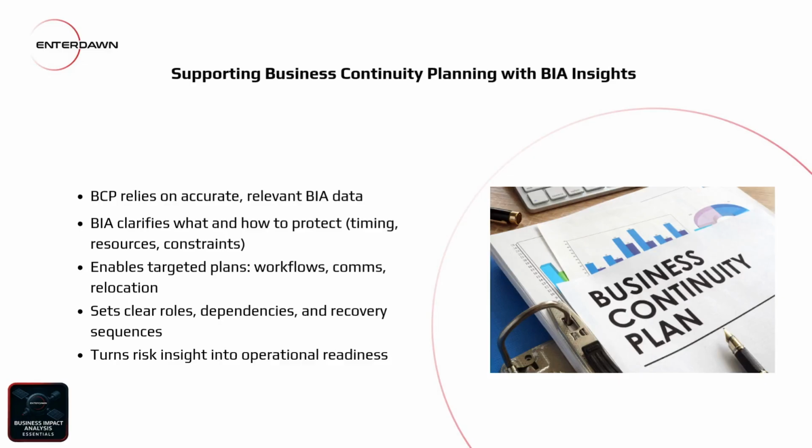BIA results also strengthen coordination across departments by setting clear expectations around roles, dependencies, and recovery sequencing. Ultimately, the BIA bridges the gap between risk awareness and actionable continuity planning, turning insight into readiness.